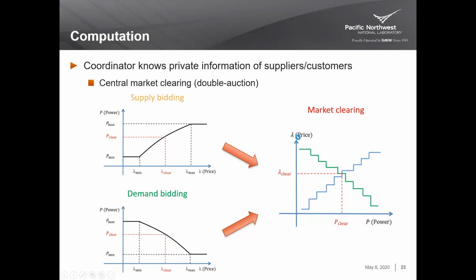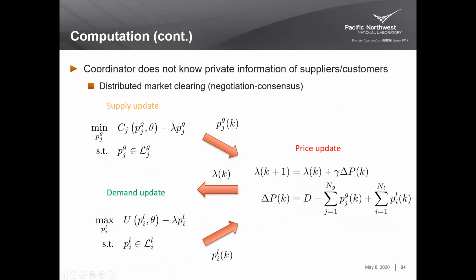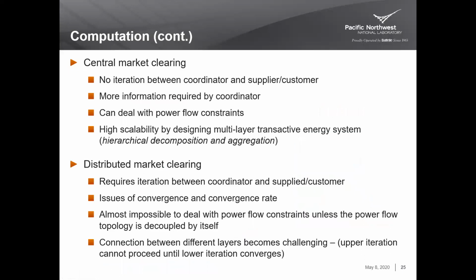And then the Voltron market service is a consensus-based market that clears based on the intersection of the supply and demand curve. You would have a clearing power or quantity and a clearing price, and that would translate into control actions for the individual TCC agents. So let's keep going.